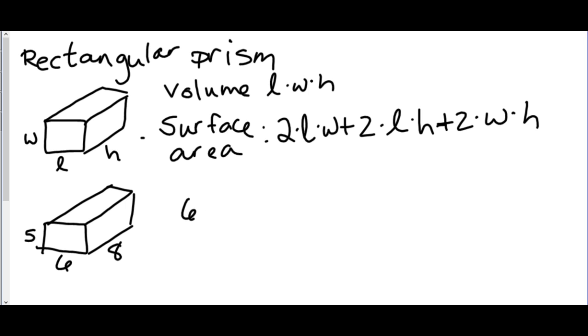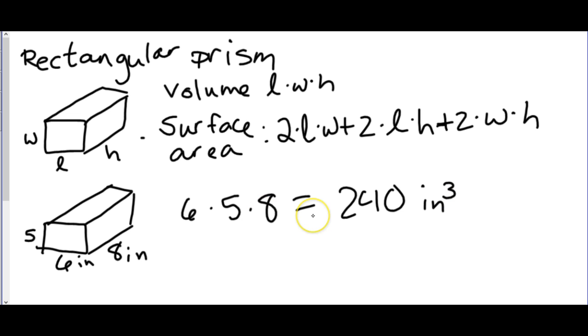Sorry, I wrote H instead of 8. And then we'd multiply all those together. 6 times 5 times 8 is 240. And then if they give us units, if these were all measured in inches, we would have inches cubed because we multiplied three things together.